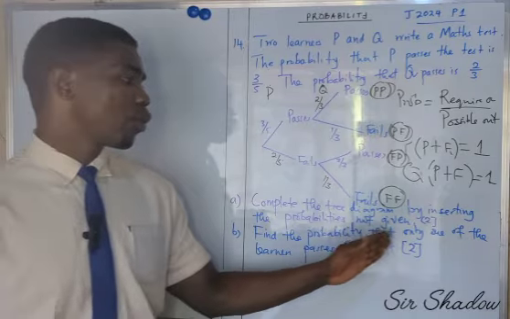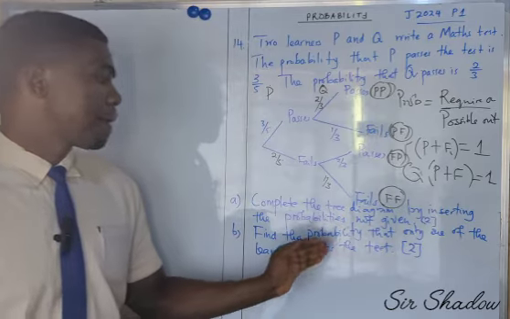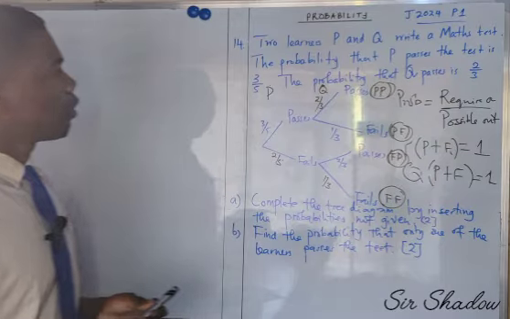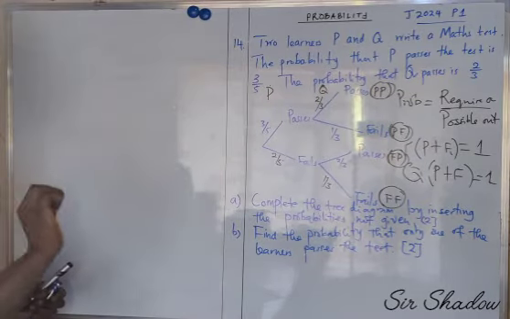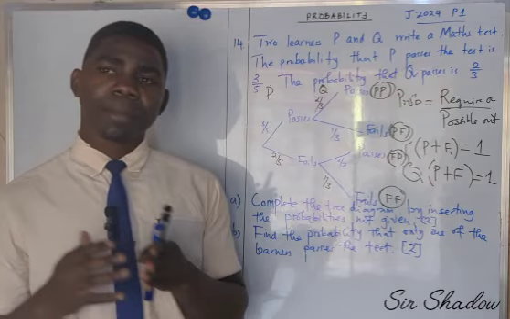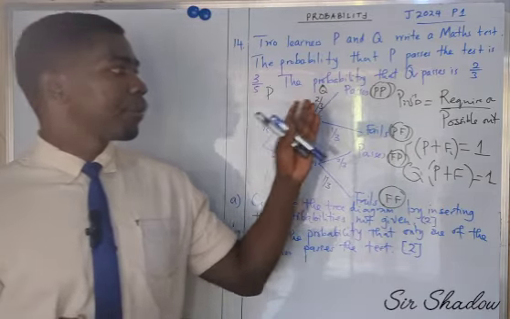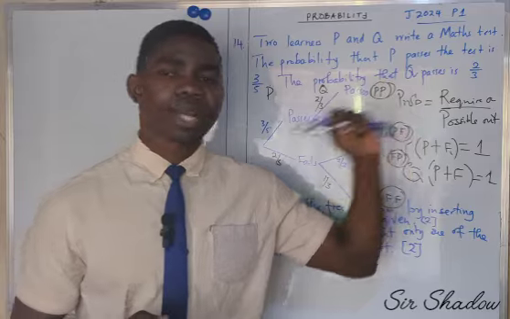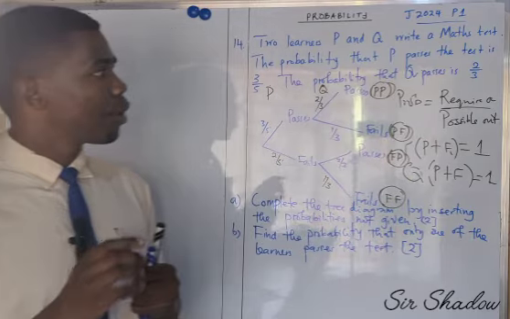Find the probability that only one learner passes the test. When considering probability, probability is equal to required outcome over possible outcome.